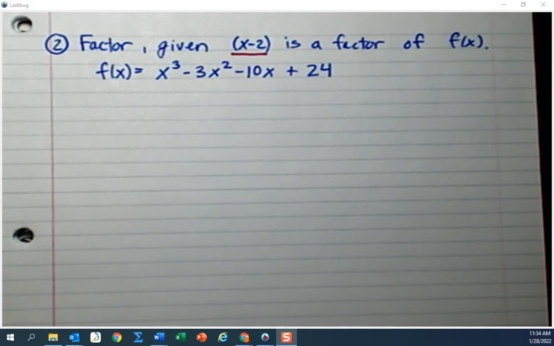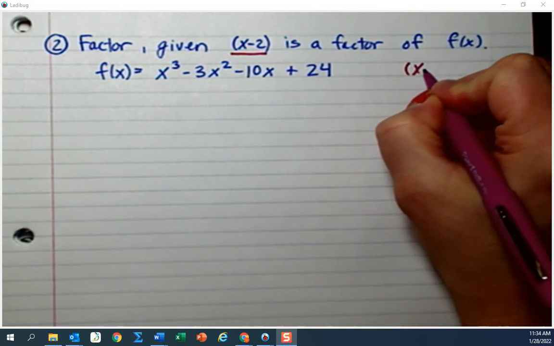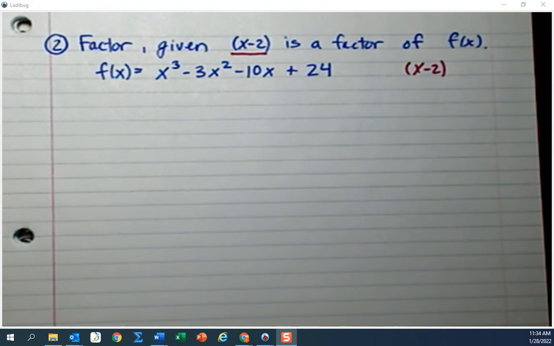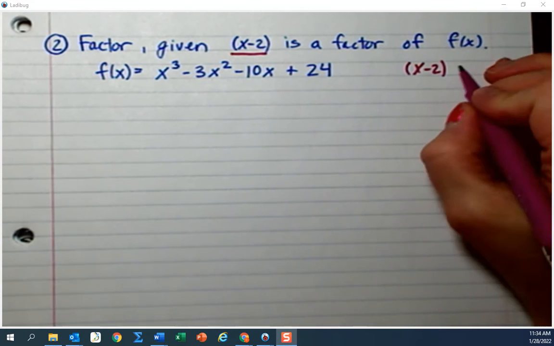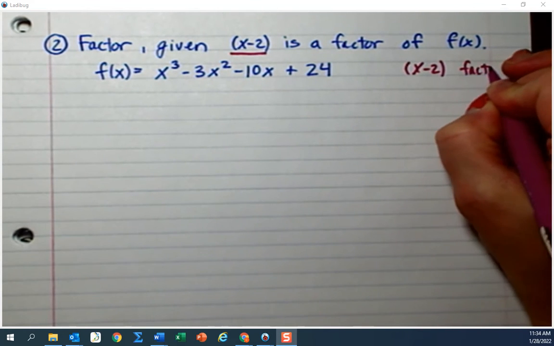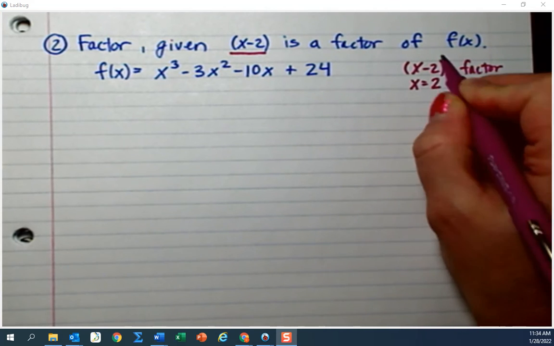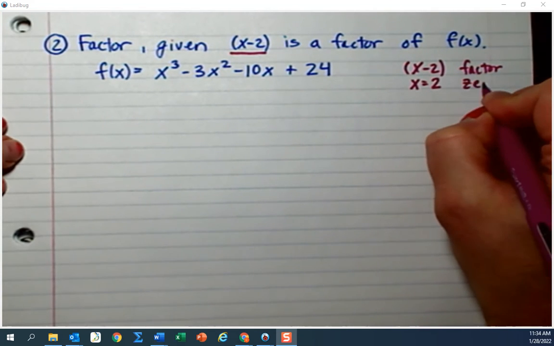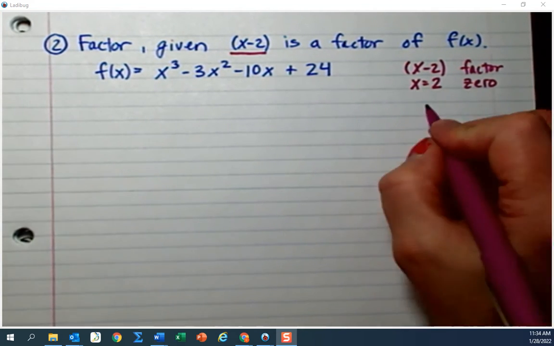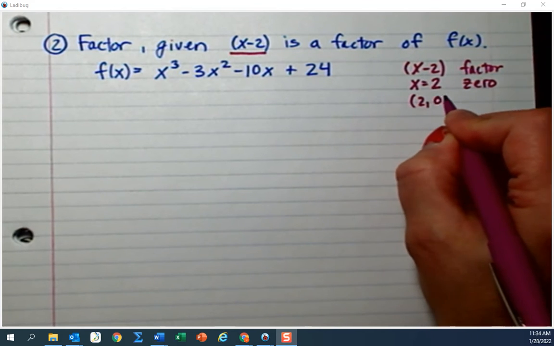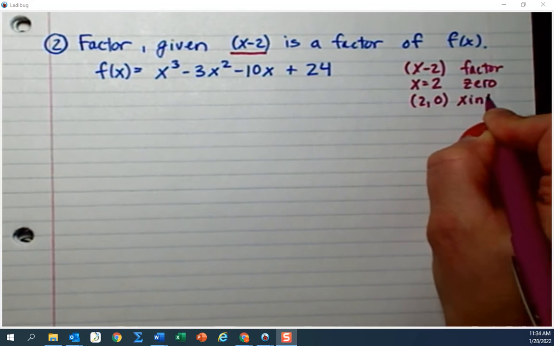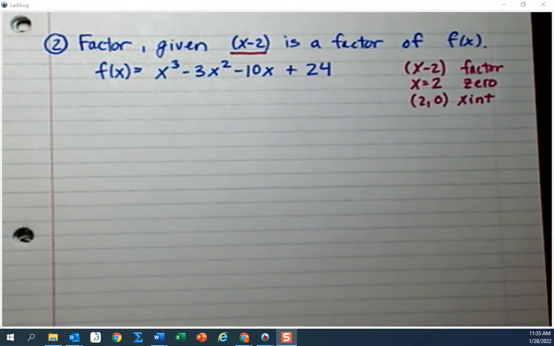If this is a factor, I'm just going to write down my logical progression through the information, okay? So if this is the factor, then x equals 2 is the 0. 2 comma 0 is the x-intercept, right?